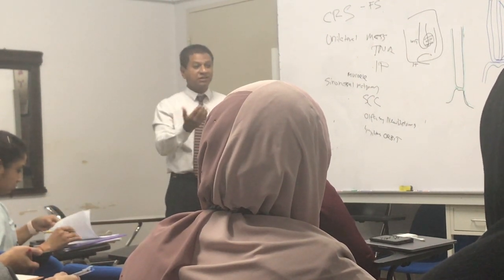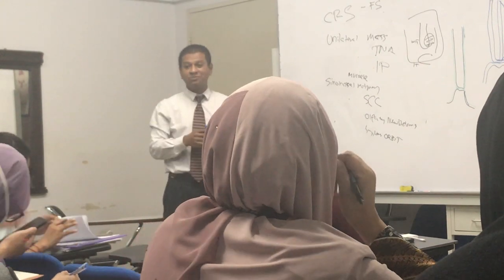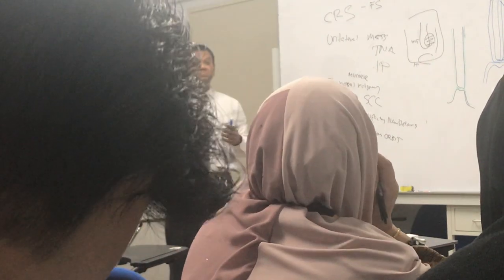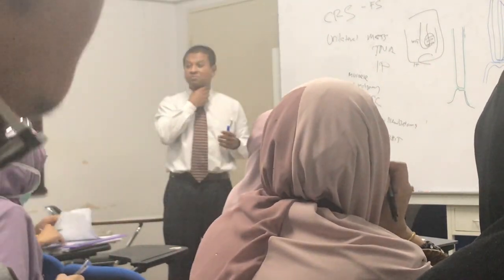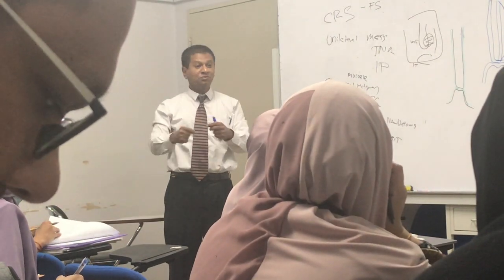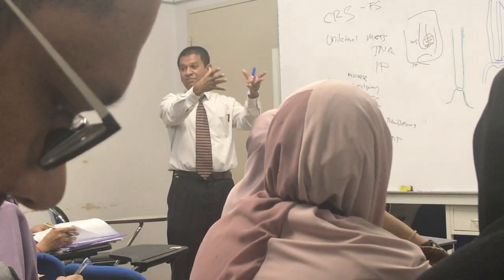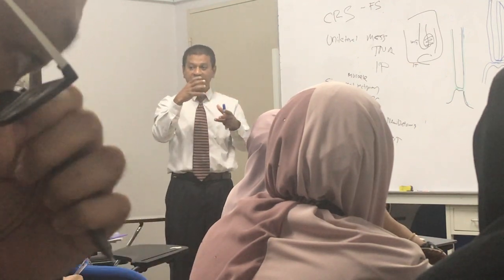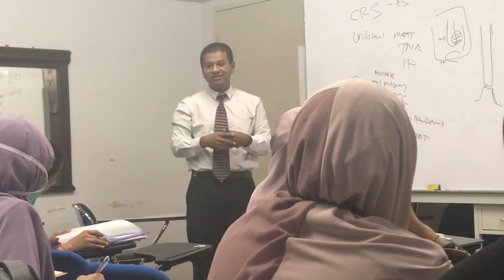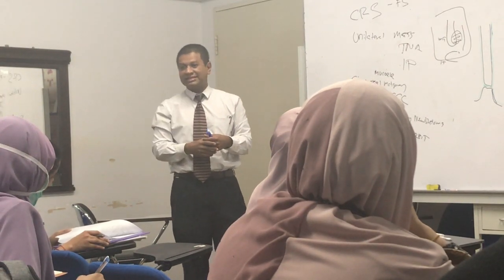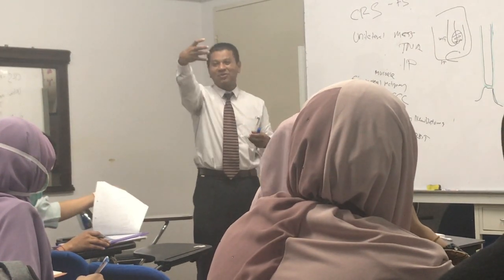Of course, when you are dealing with the sinonasal area, we cannot remove en bloc. It's always piecemeal. It's not like a thyroid mass where we try to remove everything en bloc, and the whole lump can come out like that. But in the sinonasal area, even brain tumors never come out in one block like that.